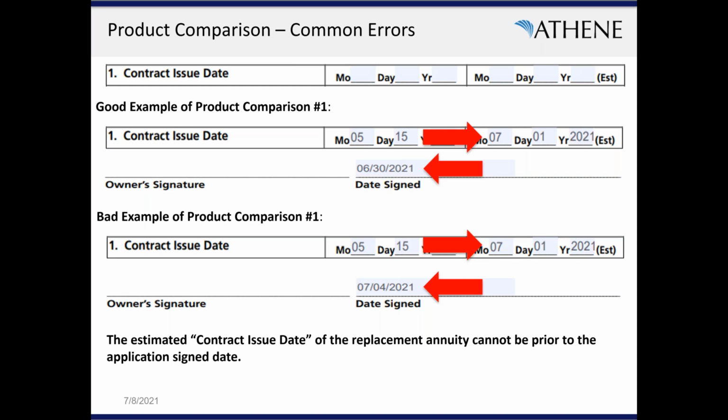So you can't put that the Athene contract is going to be issued prior to the customer even signing the application, because there's no way that contract issue date would ever be correct. Again, there's no specific way to pinpoint a date, but we know it's not going to be any time frame prior to the application being signed. Just something to pay attention to.